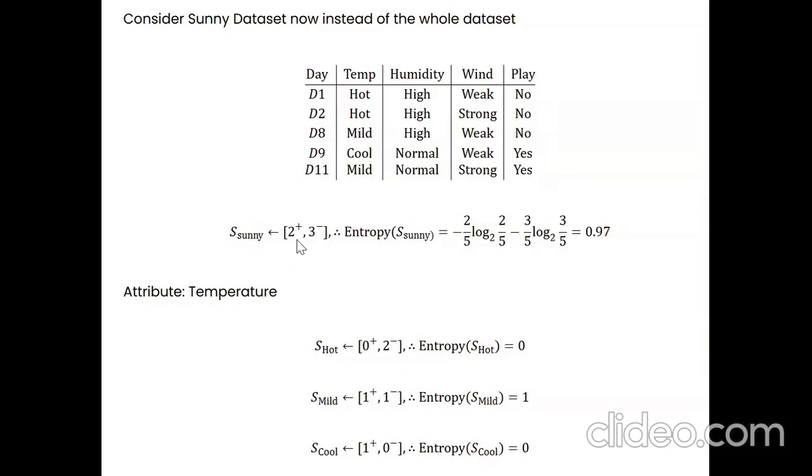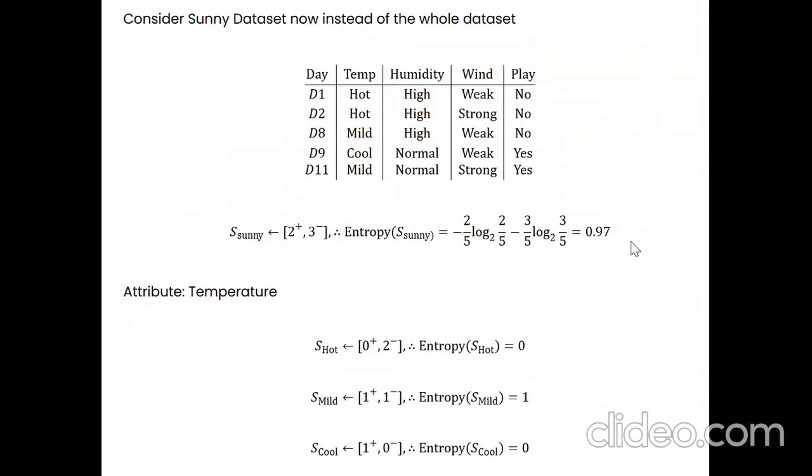Entropy of S sunny. Now we have 2 positives, 3 negatives, and therefore entropy of S sunny is minus 2 by 5 log of 2 by 5 to the base 2 minus 3 by 5 log of 3 by 5 to the base 2, which comes out to 0.97. We have earlier calculated this, so no need of doing the calculation again. We can use the same value.